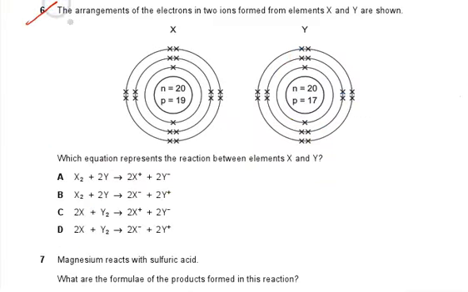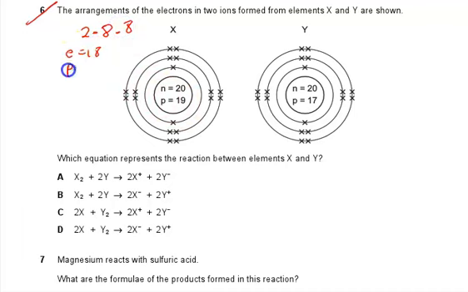For number 6, the arrangement of electrons in two ions formed from elements X and Y. Now let us calculate the electron numbers. Here we have 2.8.8, so the electrons here are 18.